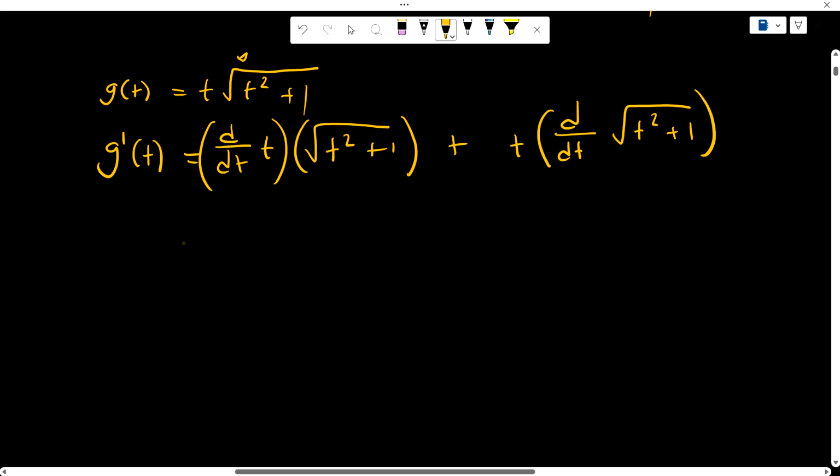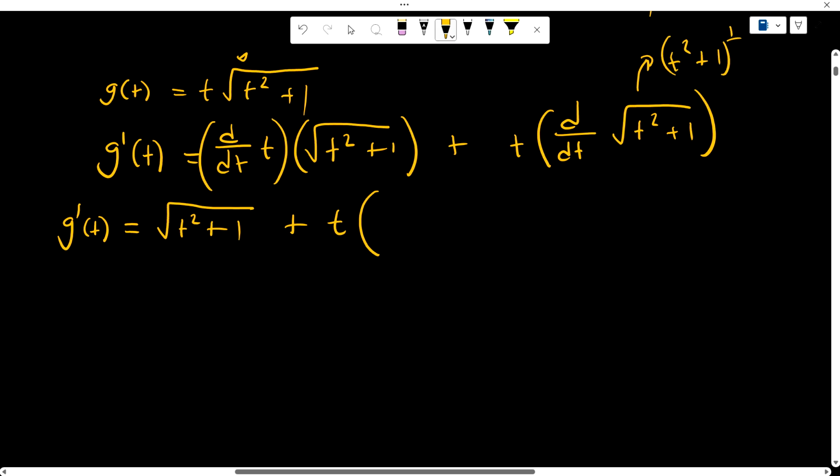Okay, now let's find the derivative here. So g'(t) is equal to the derivative of t, which is 1, and therefore 1 times the square root of t squared plus 1 is the square root of t squared plus 1, and then plus t times the derivative of that. Well, this one you can change to t squared plus 1 raised to the power a half, right?